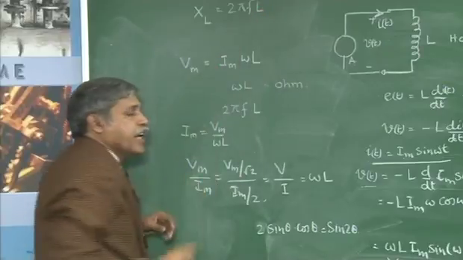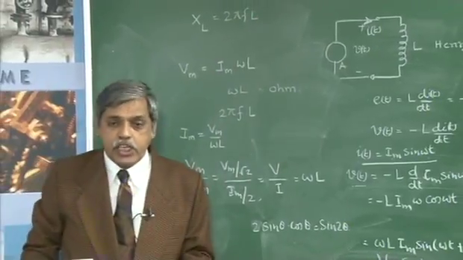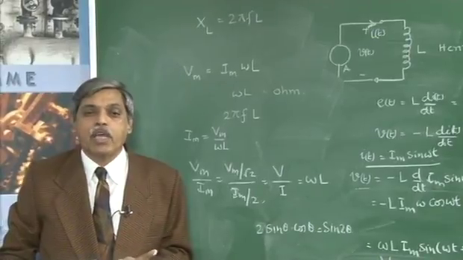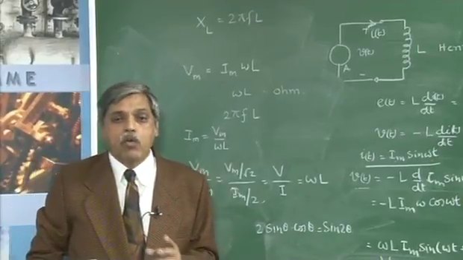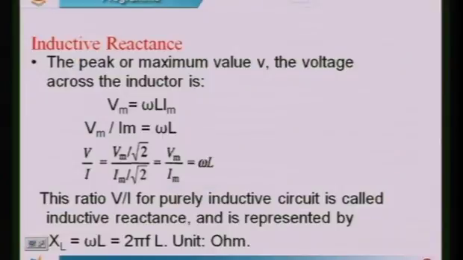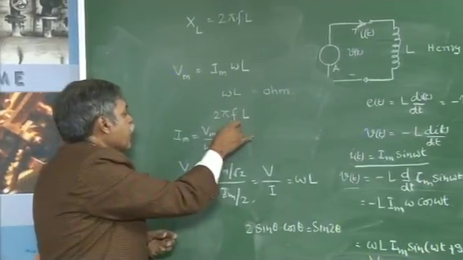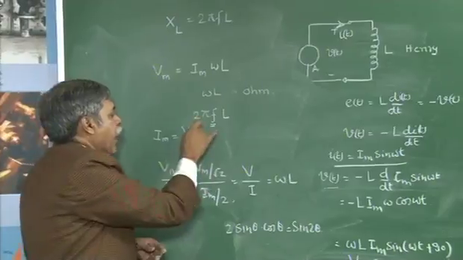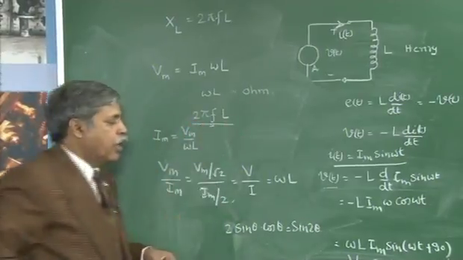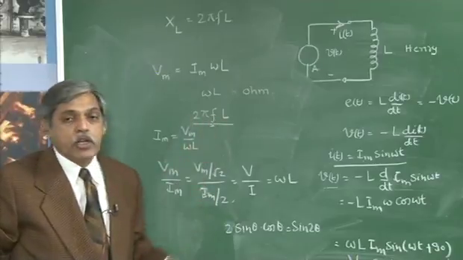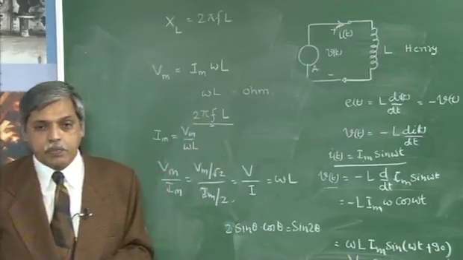So whenever the inductance is given in AC circuits, you need to convert that into ohms by multiplying with the angular velocity omega, or angular frequency omega, in radians per second. This angular frequency omega is related to the frequency in cycles per second by the equation omega equals 2 pi f. If f is 50 hertz, then 2 pi into 50 will give you 314 radians per second.